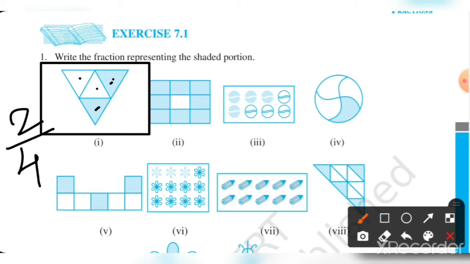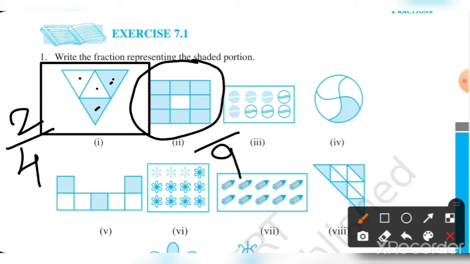Clear? Next, the second one. How many total parts are there in this figure? Total 9 parts are there. And out of 9 parts, how many parts are shaded?